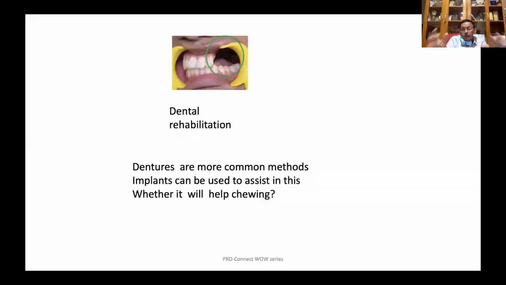Dentures are the common method even now. Whereas in the mandible, it has evolved to implants, full implants, or implant-based dentures. Whereas in the maxilla, still I would say an ordinary denture after obturation, oronasal separation, is the method you choose in many cases.